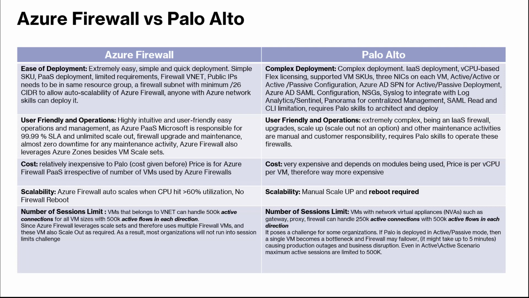And with SAML authentication, unfortunately, Palo would not provide you a read-only SAML account. That means you need to go back and somehow configure local accounts on Palo. There's a similar limitation for CLI: you cannot use SAML authentication for CLI.